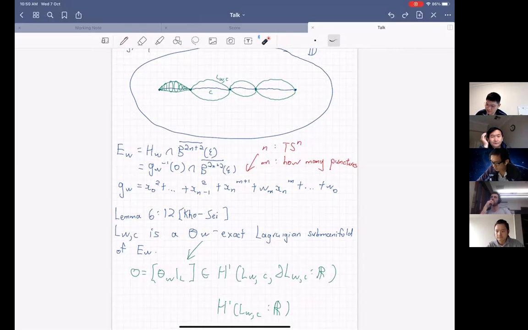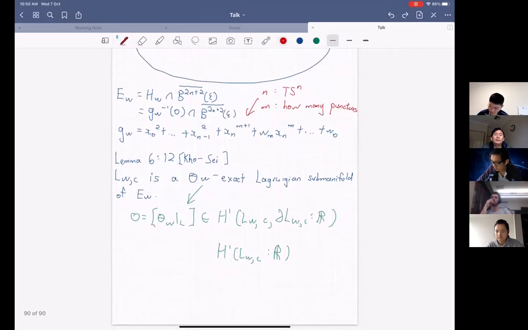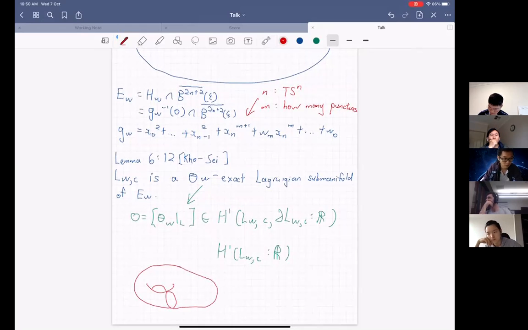Let's say for smaller n, if your Lagrangian sphere is an S1, do you have a boundary? No, it's a sphere. There's no boundary for any spheres. With a disk, you have a boundary. So why do they use it?